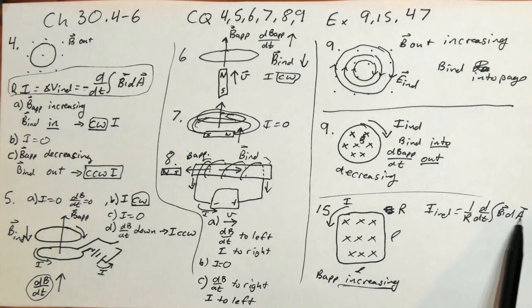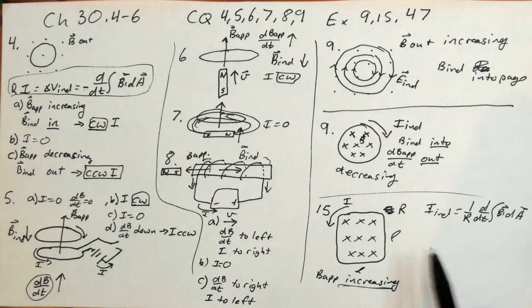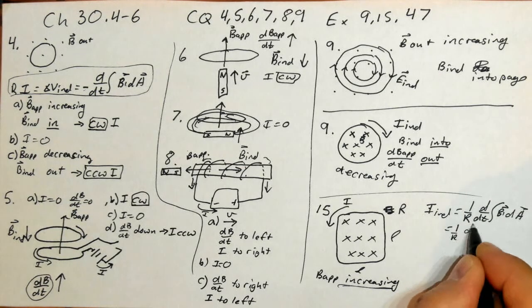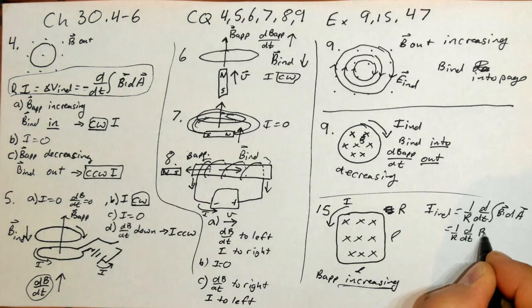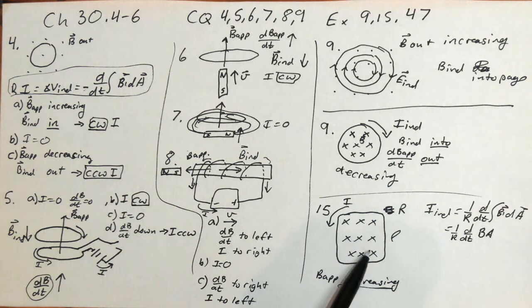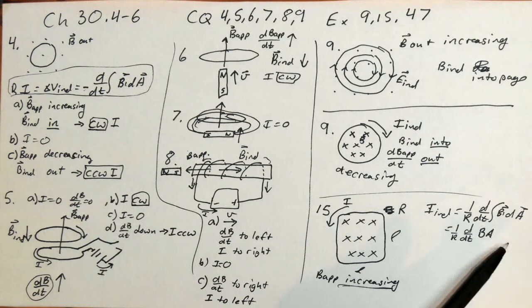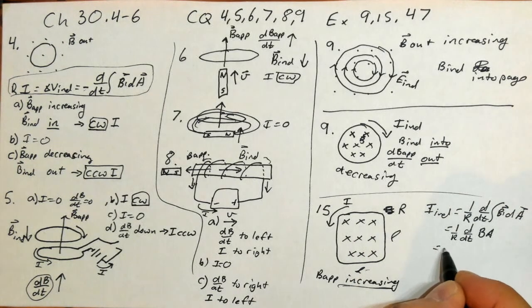So over this entire area, it's constant. So I can rewrite that as 1 over R, d/dt of just B times the area, because it's constant over the area, it fills the entire area, and it's going straight through. So B dot dA becomes just B times A. Now we're done with the space part, the integration over space. Now we have to just figure out the time. What's changing here? Well, the area of the loop's not changing. It's staying the square of length L, but B is changing. So we get A over R dB/dt.